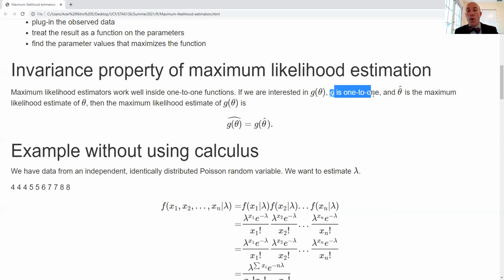Well, if G is 1-to-1 and I have my maximum likelihood estimate of theta, I just plug it in and that gives me the maximum likelihood estimate of G of theta. So the maximum likelihood estimate of G of theta is G of the maximum likelihood estimate of theta. This is very nice. This doesn't work out as well in terms of the method of moments. So that nice connection works out very well for us, and this works out anytime that G is 1-to-1.